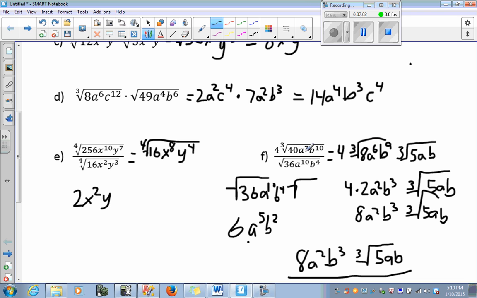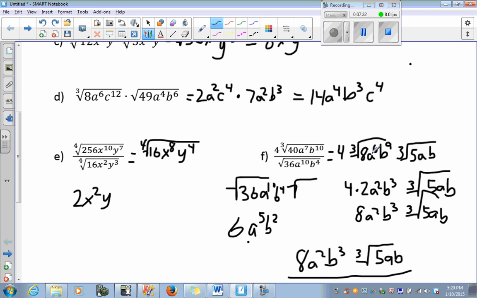For the a to the 7th, I would take out a to the 6th, which is a perfect cube, put the remaining a under my other radical. For the b to the 10th, I would take out b to the 9th, place the remaining b under this radical. Now, this part is easy. 4 times the cubed root of 8a to the 6th, b to the 9th. Well, the cubed root of 8 is 2. The cubed root of a to the 6th is a squared.